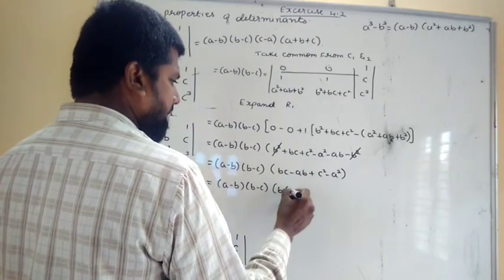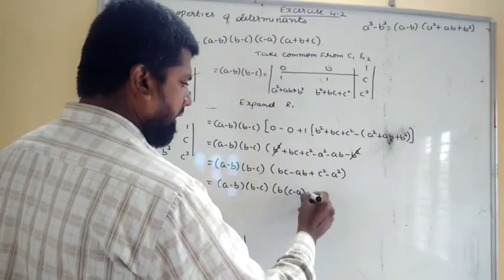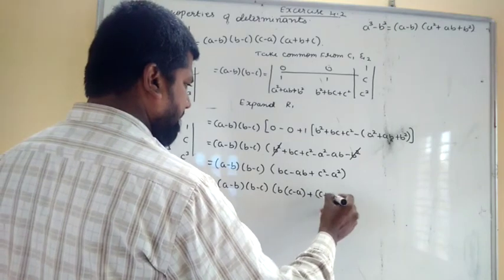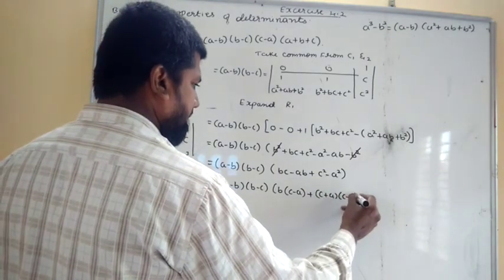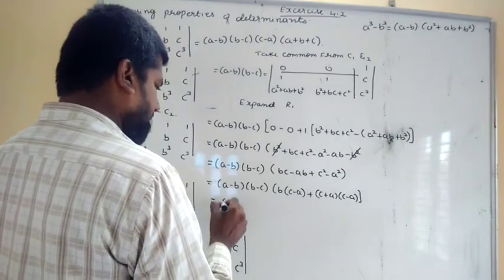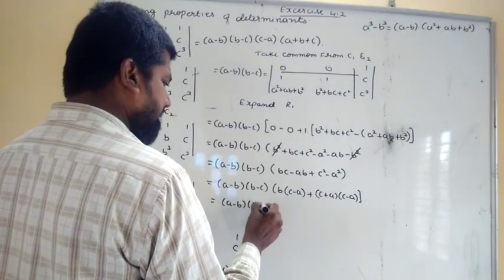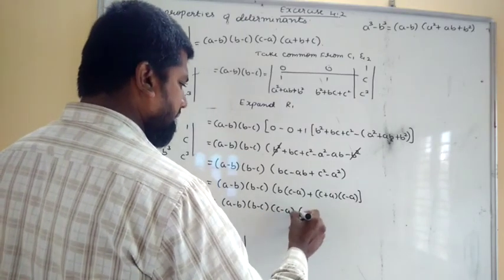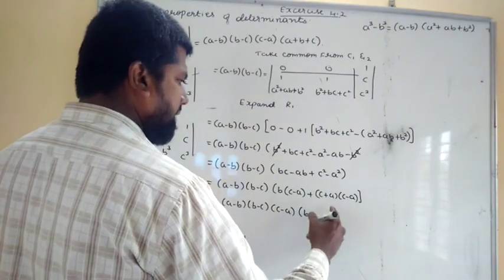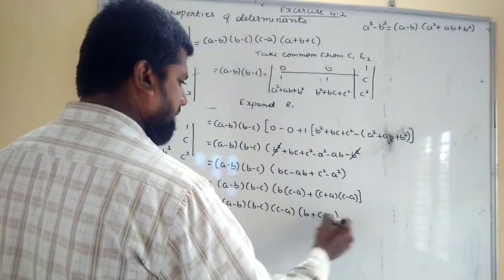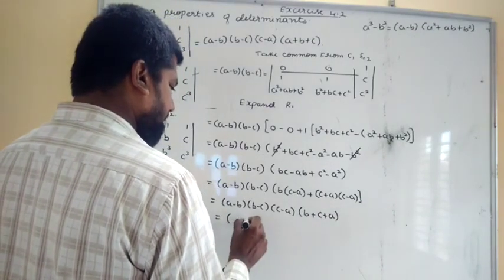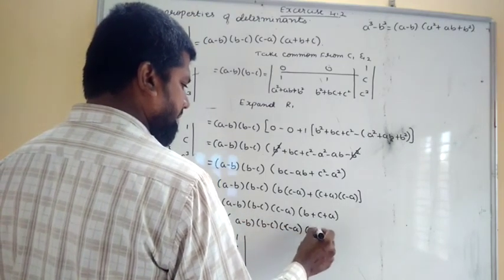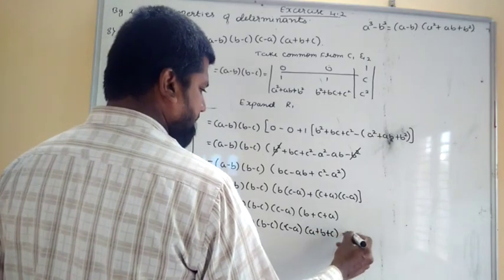If you take common C minus A, here you can write C square minus A square as C plus A into C minus A. So again A minus B, B minus C, then you can take common C minus A in this. What is the remaining thing here? B plus C plus A, that is equal to A minus B, B minus C, C minus A, then A plus B plus C, that is equal to RHS.